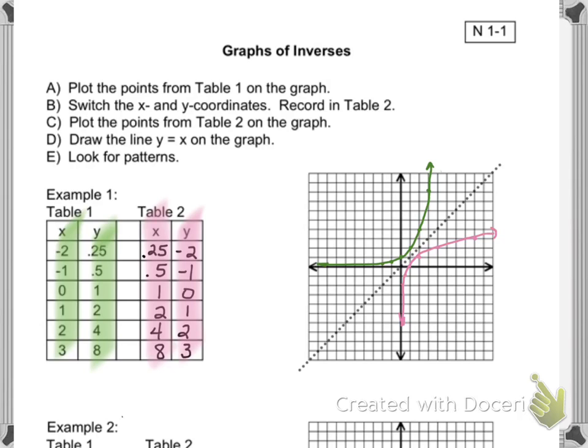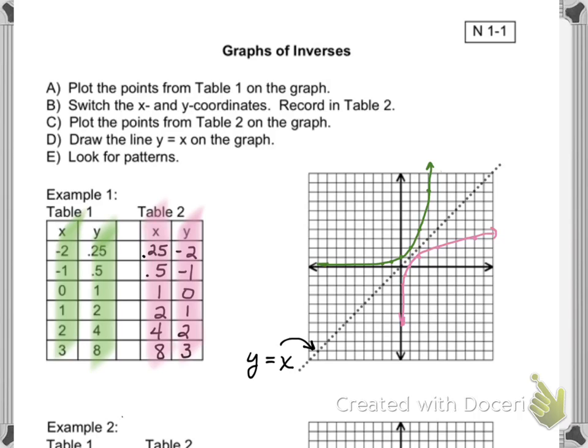So it comes through the graph like that. And that's an important line because that line tells us how we're going to relate or reference whether lines or curves are inverses of one another. So that's the line y equals x right there. Again, that's the parent linear function, if you remember that.